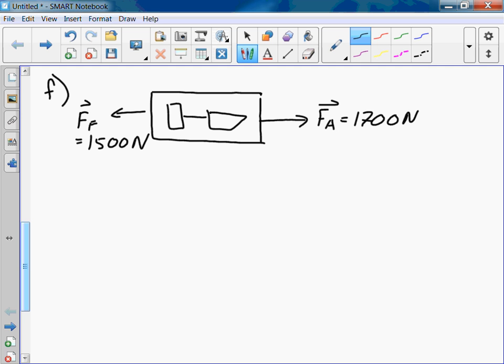So what's the net force acting on the system? Tune back in here, guys. I know I lost you. Okay, so now instead of moving at a constant velocity, the boat's accelerating, it's increasing its force to accelerate. Yes, 200. Straightforward, right? 1700 minus 1500.